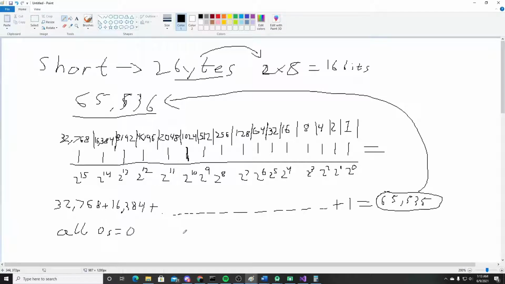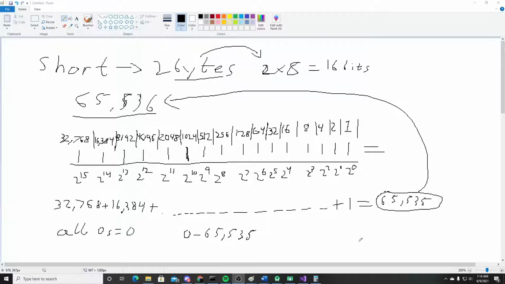So our range of values that we can represent, since 0 is our minimum and 65,535 is our maximum, is 0 to 65,535. This is a total range of 65,536, because we can go from 1 to 65,535, but then we also have that 0 that we can represent as well, which is where we get that 6 from.